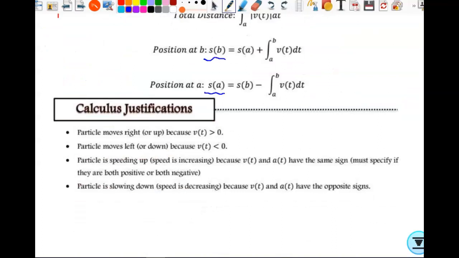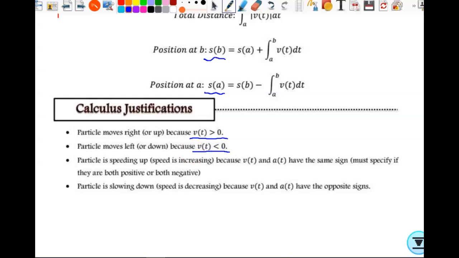It's really important when it says justify your answer on a free response question that you justify using calculus arguments. If we have to justify a particle moving to the right or moving up, we have to make the claim that velocity is positive. The sign of velocity tells us direction. So a particle would move left or down anytime our velocity is negative.